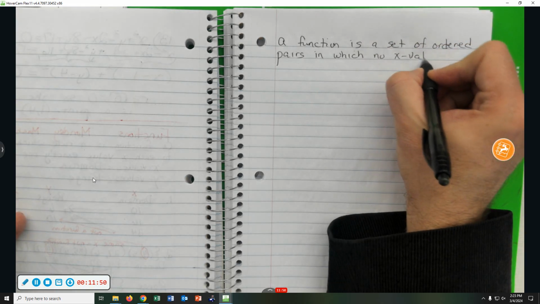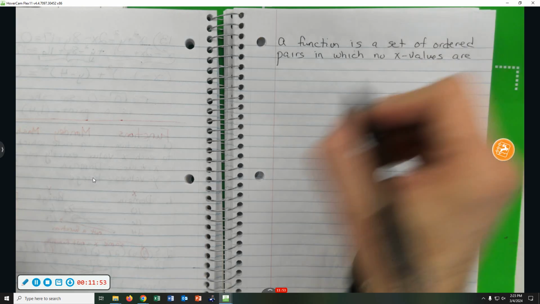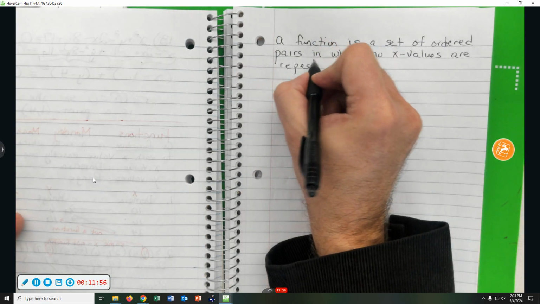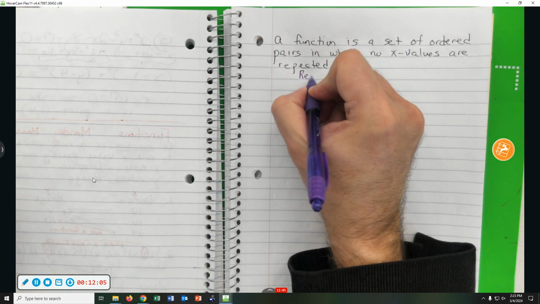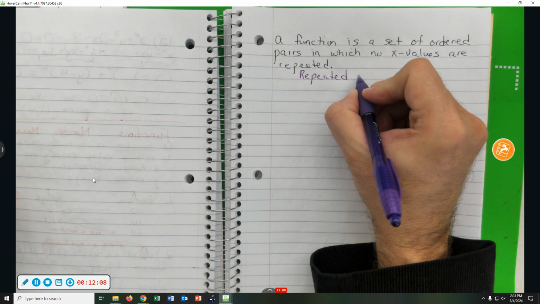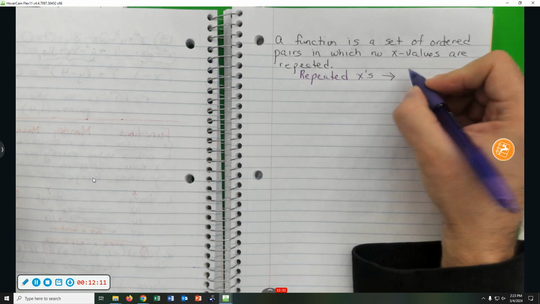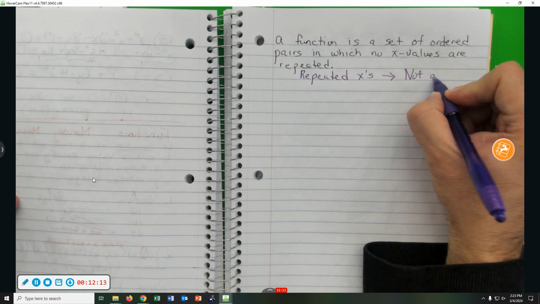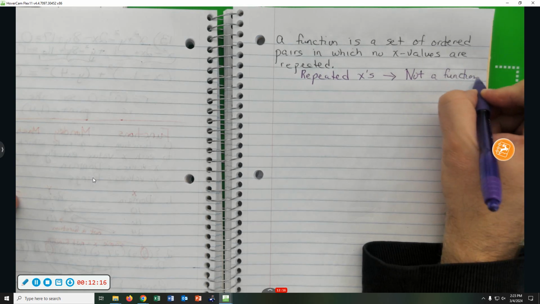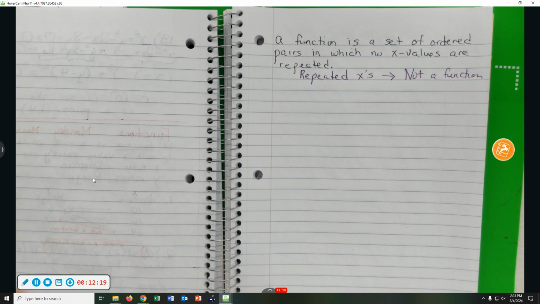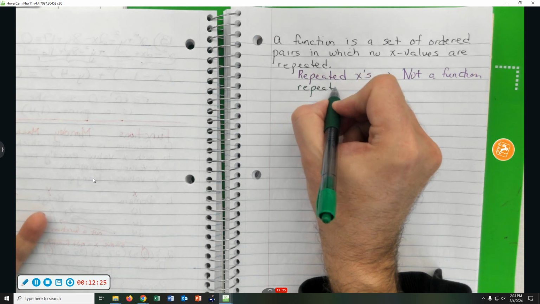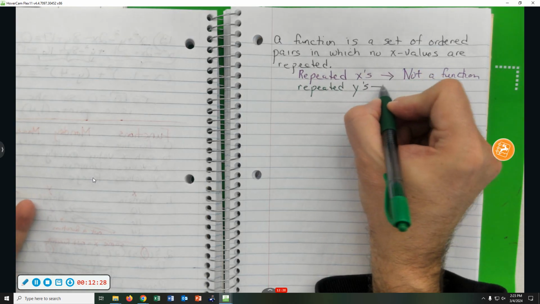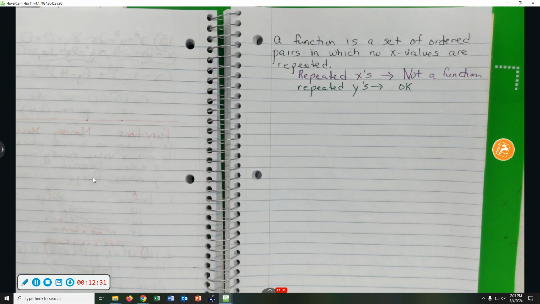So let's say x values are repeated. Summarizing that, if there's repeated x's, it's not a function. Well, what about repeated y's? Can there be repeated y's? Yeah, that's okay. Repeated y's are okay. It's the repeated x's that aren't functions.